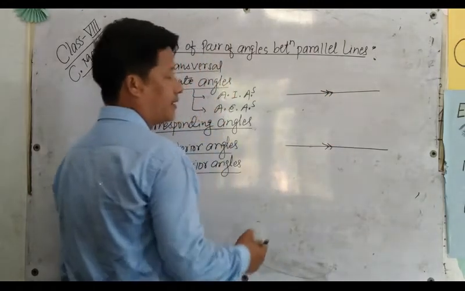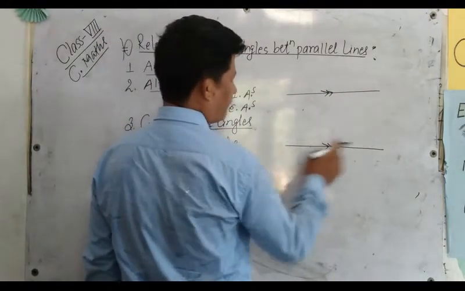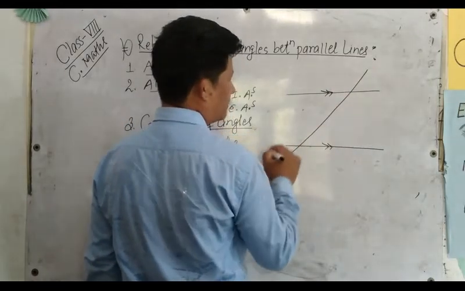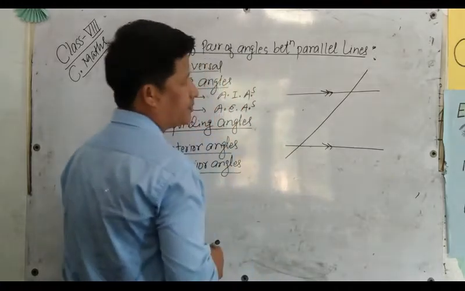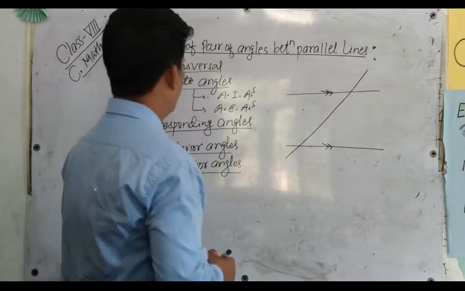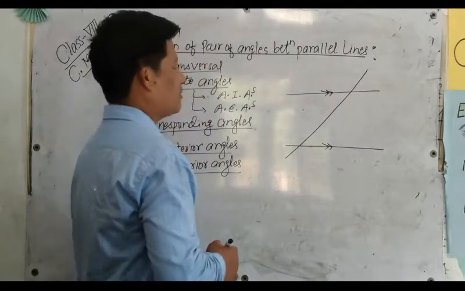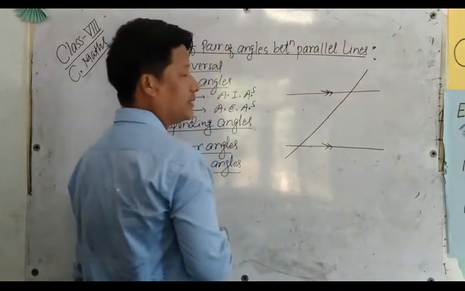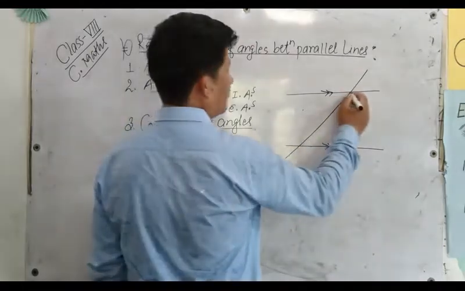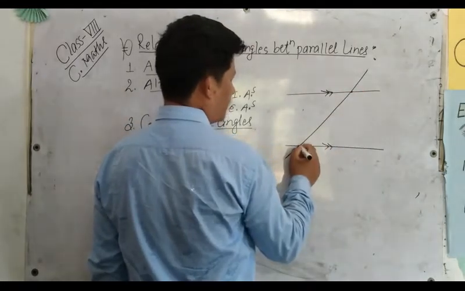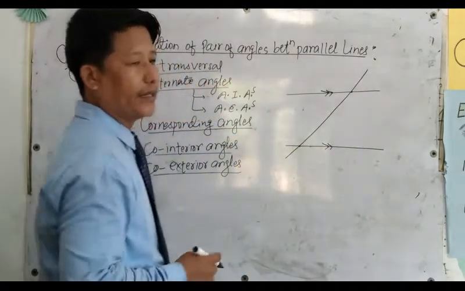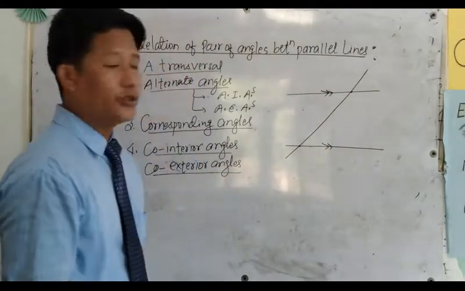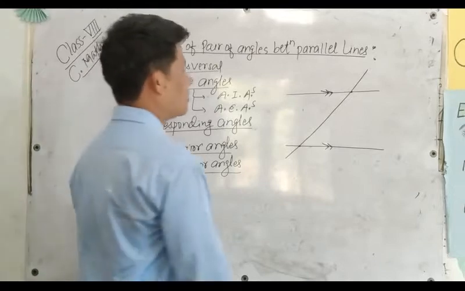If another straight line cuts the two parallel lines at two points, then such a straight line is called the transversal.